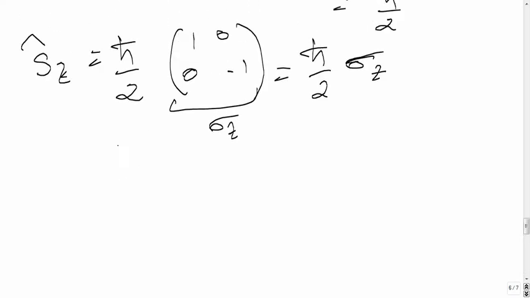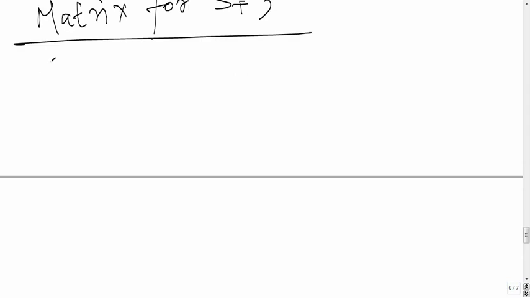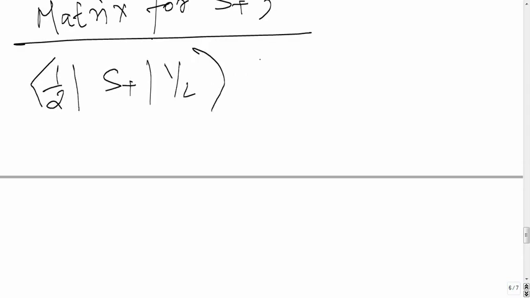Similarly, we can calculate the matrix for the S plus operator. The first element would be this, and you know S plus kills the state plus half, because you cannot go higher than plus half, so this would be 0.